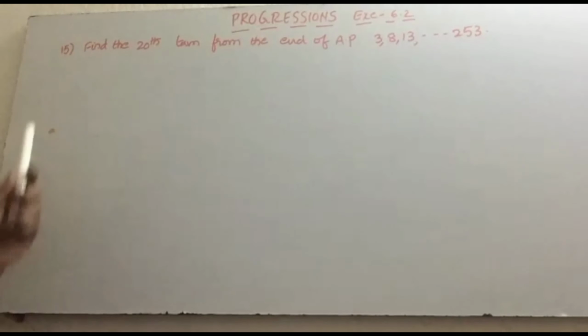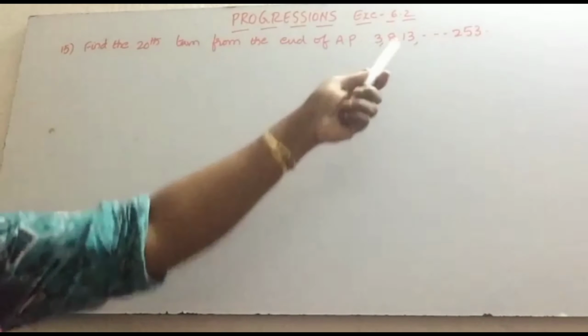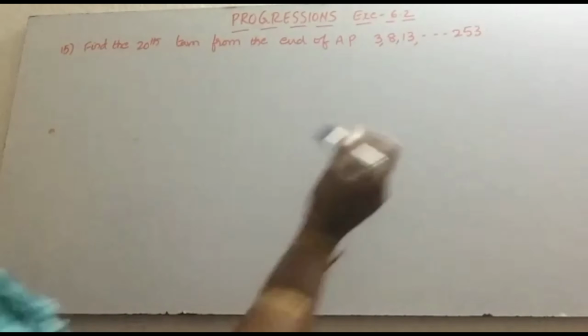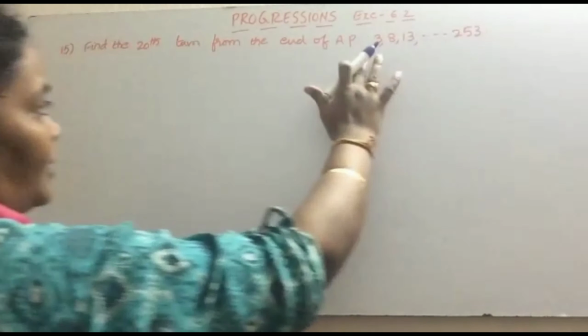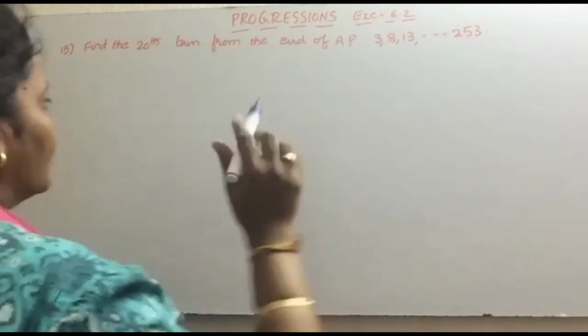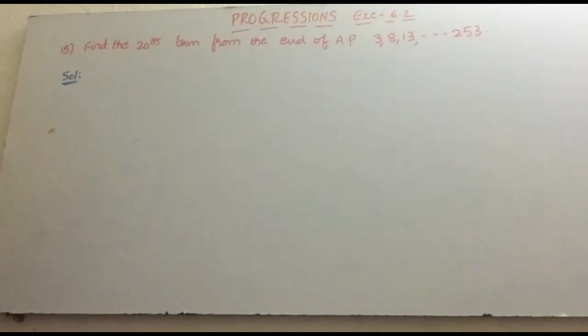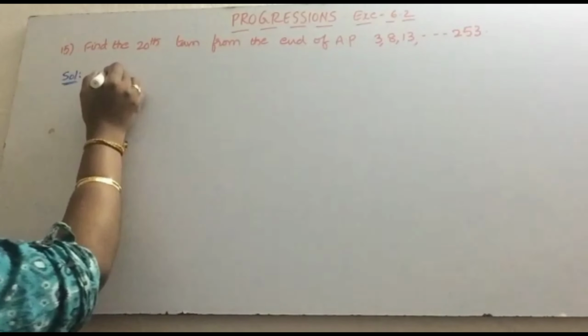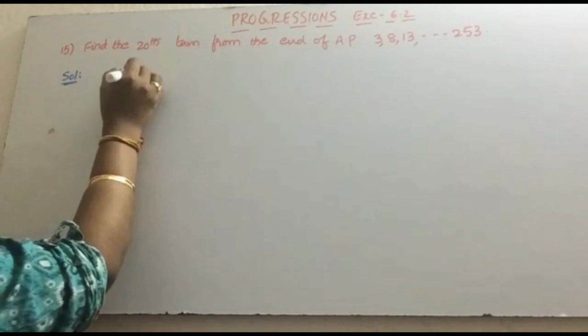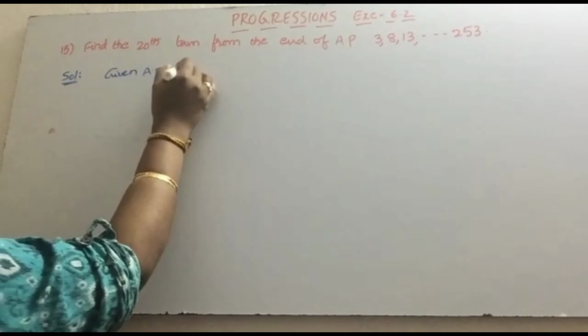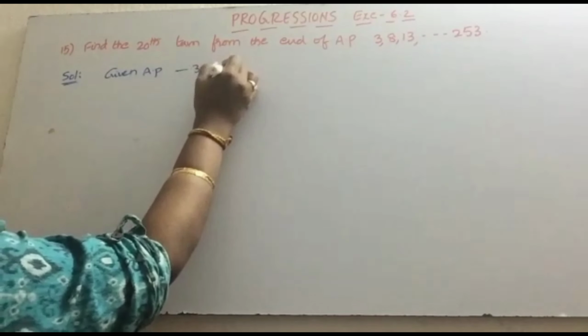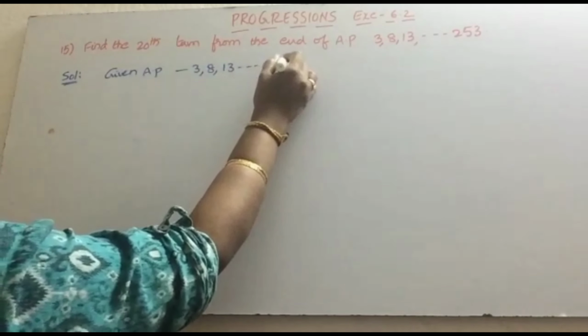So the next problem is to find the 20th term from the end of the AP. So now we will find the 20th term from the end of the AP. First we will write the given AP: 3, 8, 13 and so on, 253.